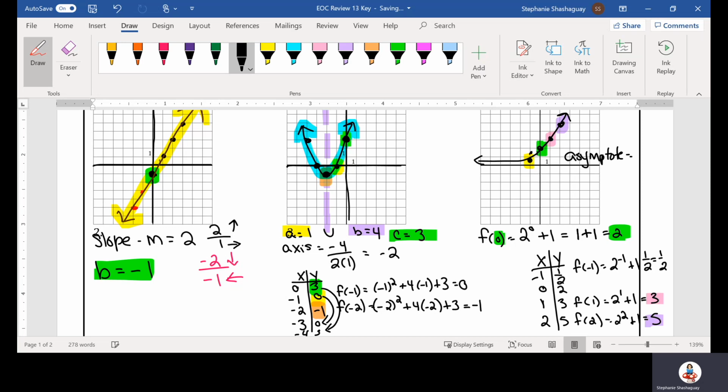So this y value, because I know my asymptote is y equals 1, should be 1 and 1/2. So there we go. One and 1/2. Sorry, guys.